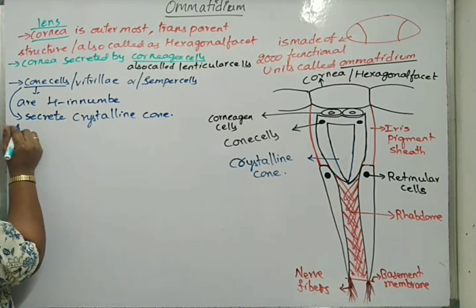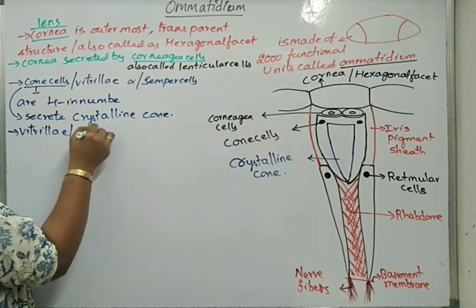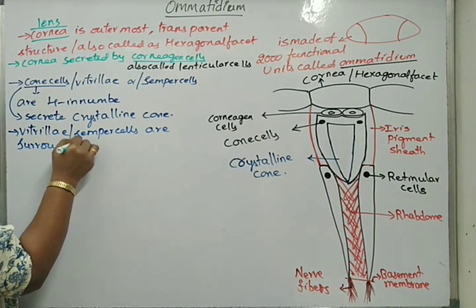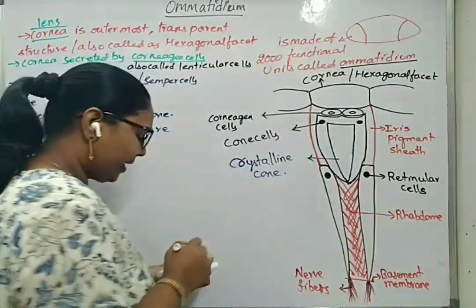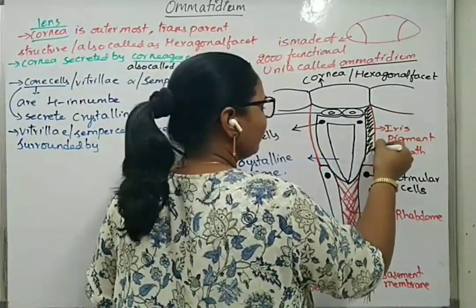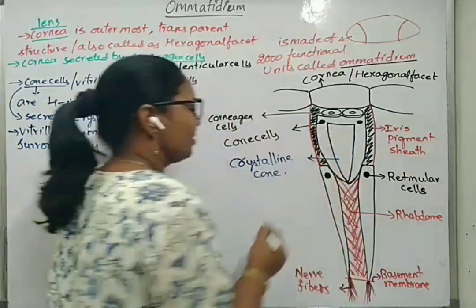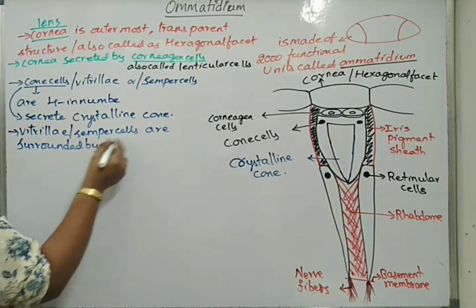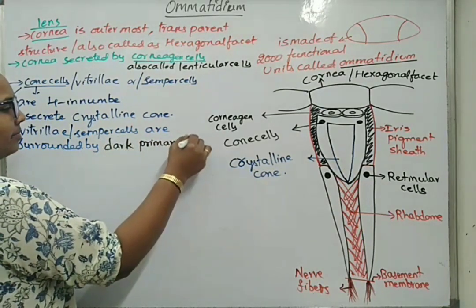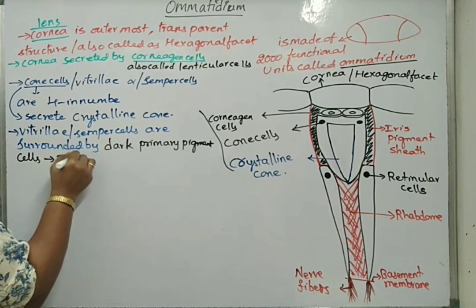Next, vitrellae or Semper cells are surrounded by dark primary pigment cells, or sheath, we can say. This is called the iris pigment sheath.